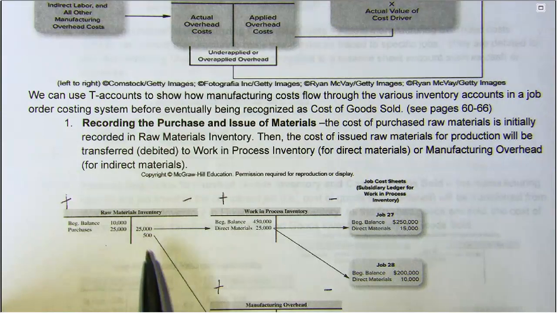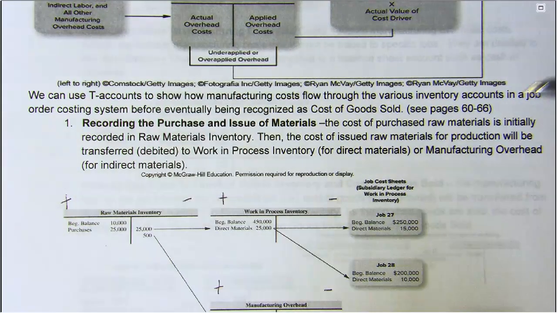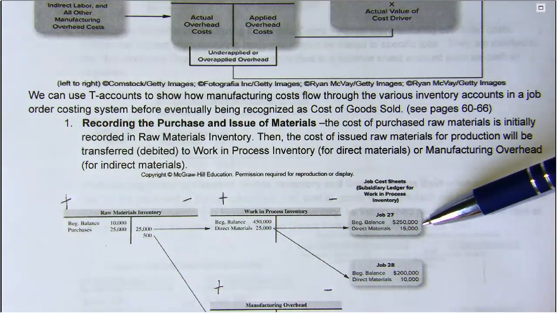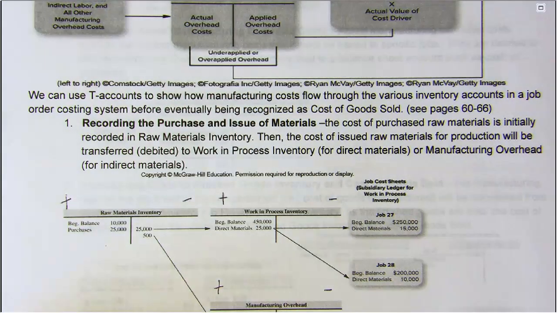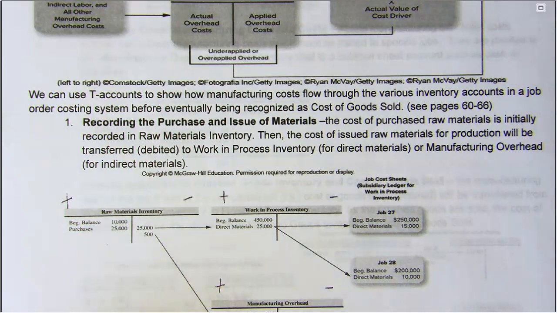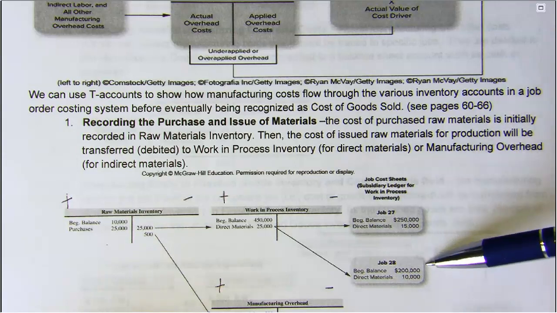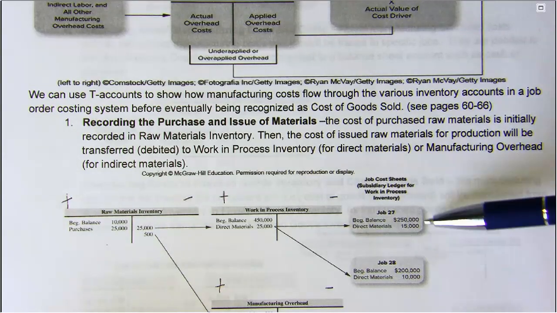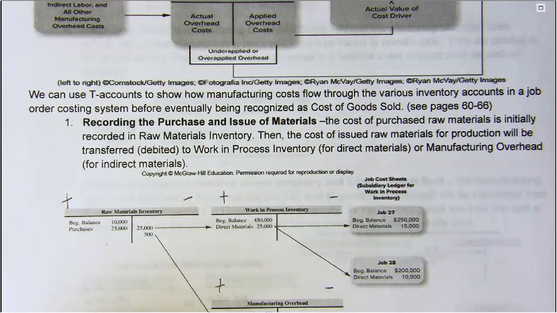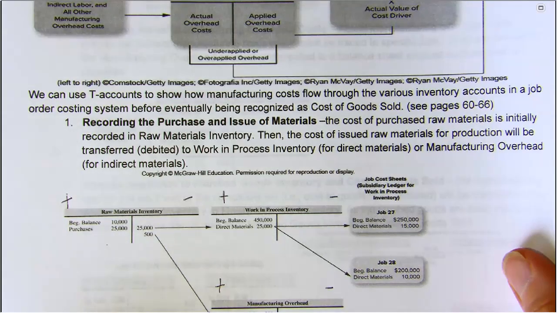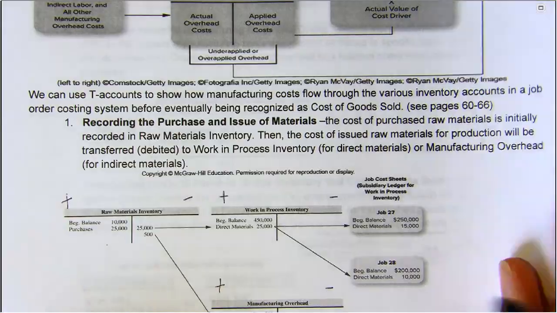We debit indirect materials to manufacturing overhead. And those amounts are posted onto the job sheets as well. So there are two places that are recording information about the production process. Job cost sheets will be recording information about specific jobs, and our accounting records are going to be recording the flow of costs through the accounting system.